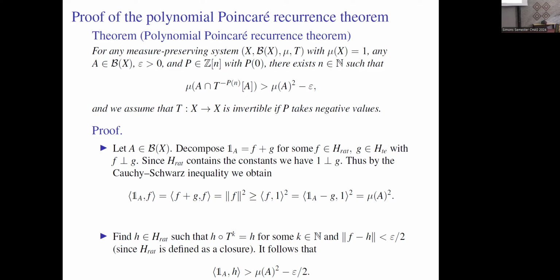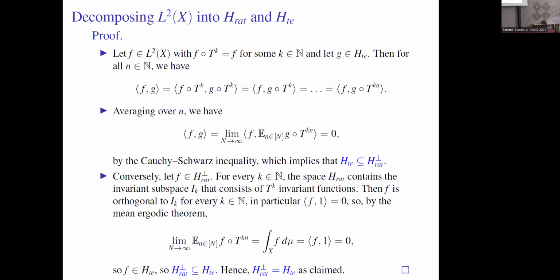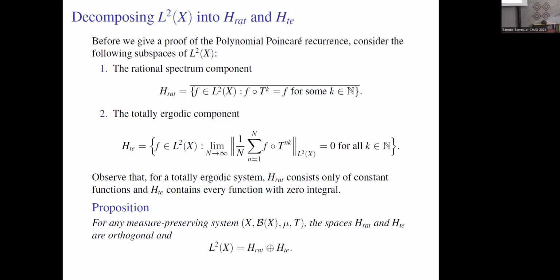In order to see the proof, we fix a measurable set and we consider its characteristic function, and we split this into the rational spectrum component and the totally ergodic component. We know that those two functions are orthogonal to each other, and the rational component contains constant functions.